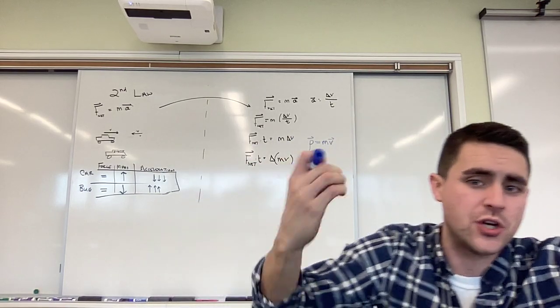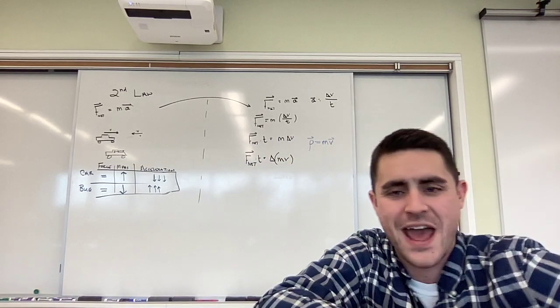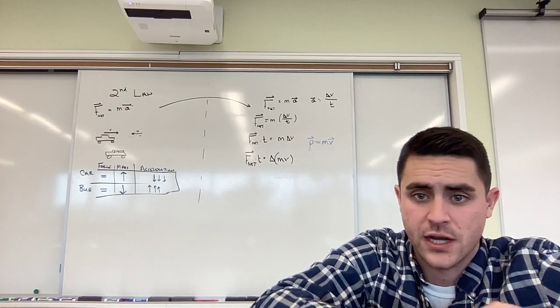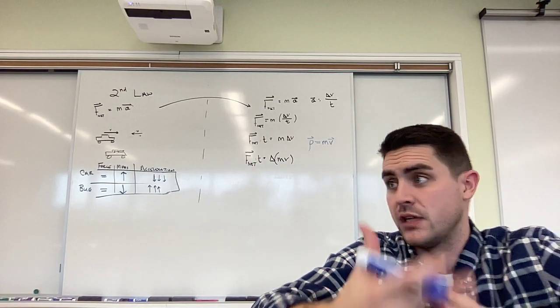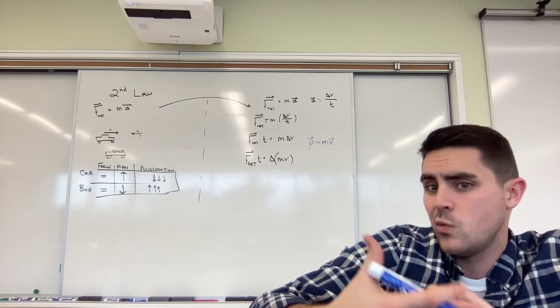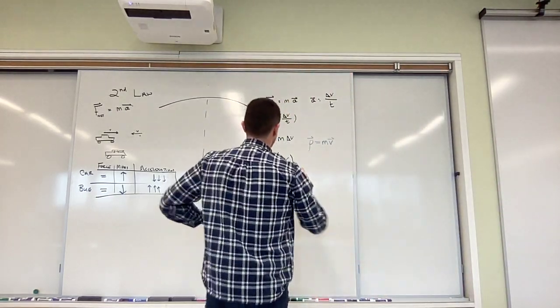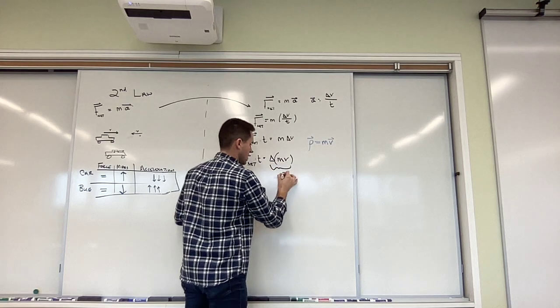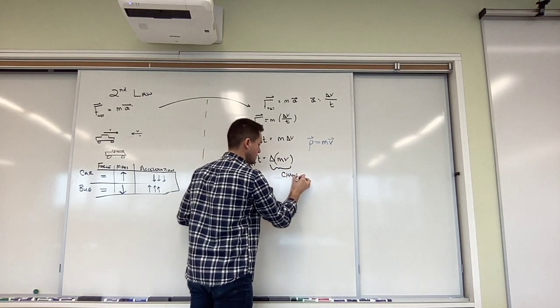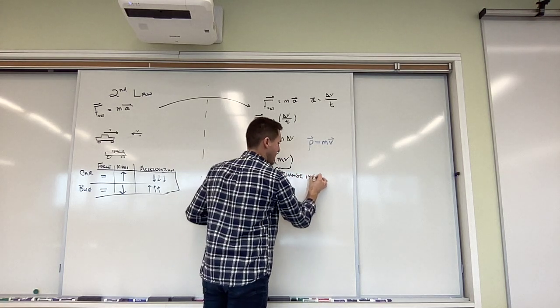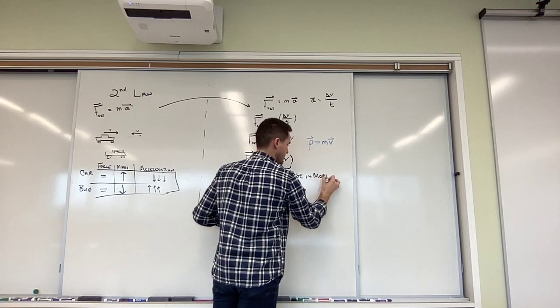The value of the inertia in motion is mass times the velocity of an object. If that mass and velocity quantity changes, we call that a change in momentum. So this term right here is known as a change in momentum.